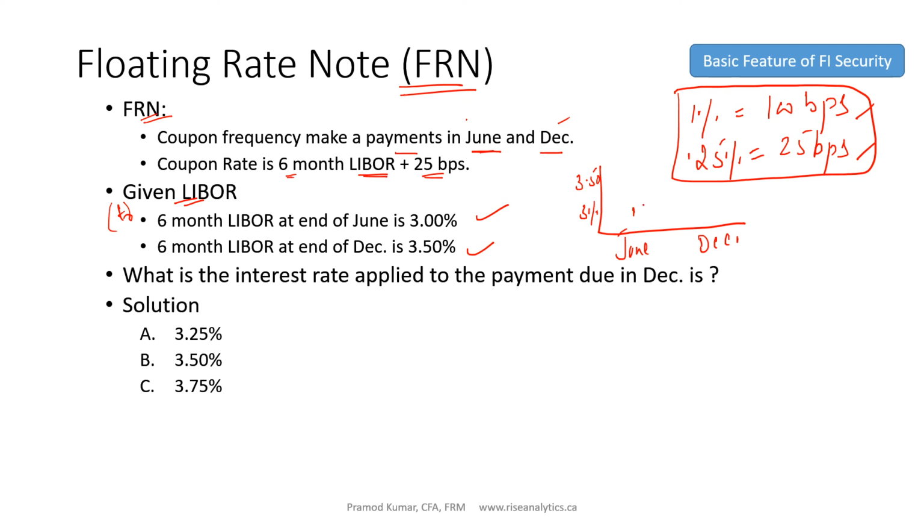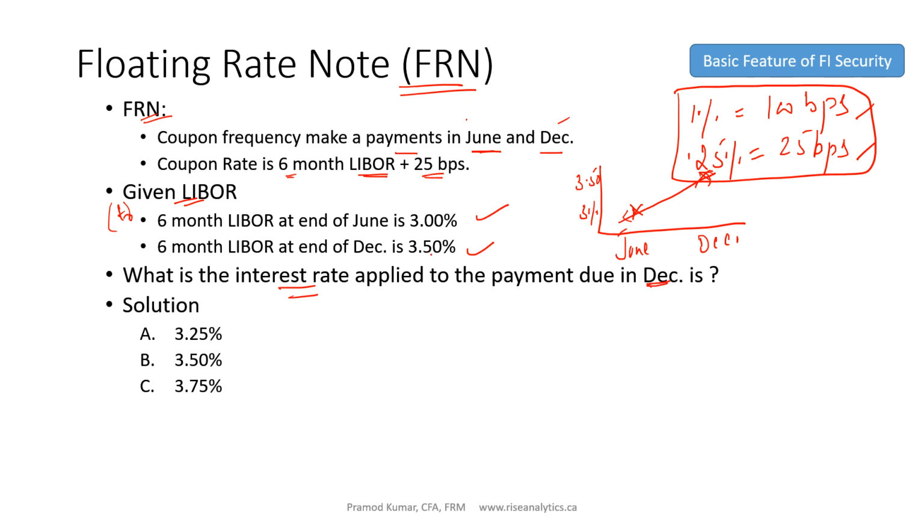June is here and December is here. So think the interest rate is going up. Now the question is, what is the interest rate applied to the payment due in December, right?